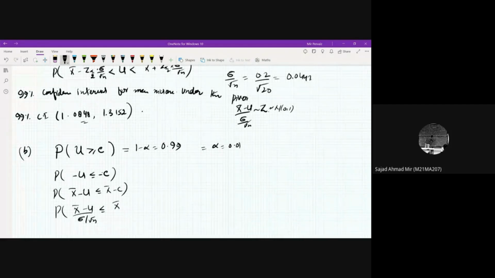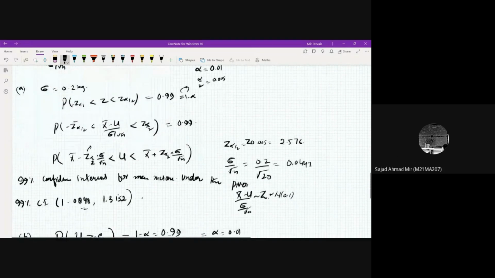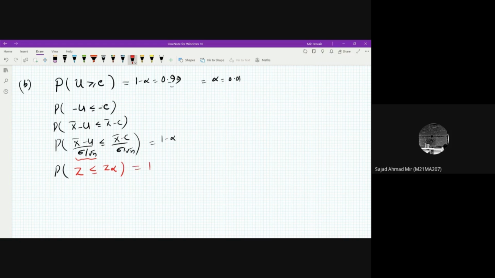That will be x bar minus C over sigma by root n, and this probability is 1 minus alpha, which is 0.99, right? Then our goal here is to find the value of C. If I look closely, this part is becoming my z, and I'm assuming that this is z alpha, and this value is 1 minus alpha.